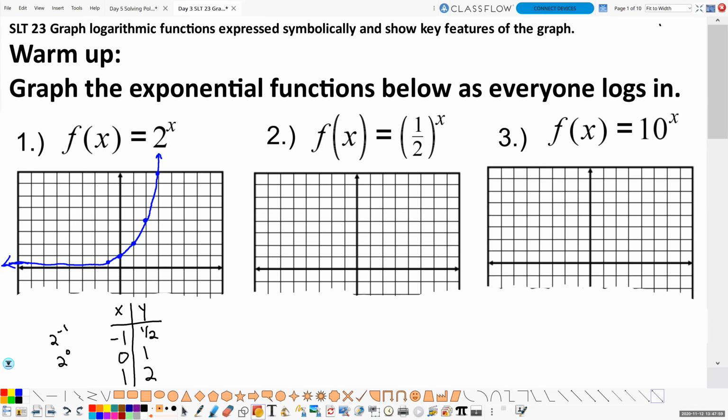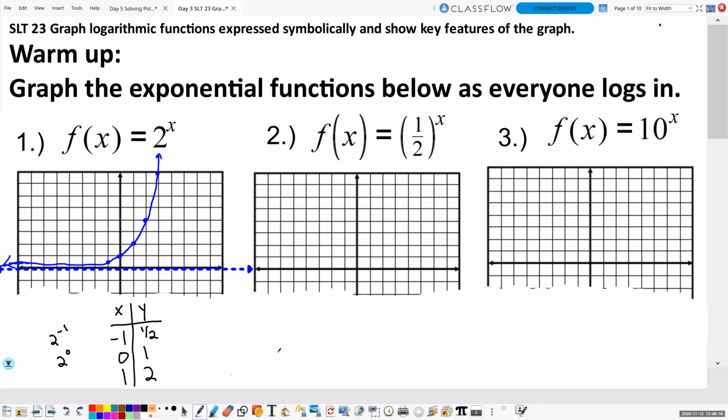So now we're going to do the same thing for 1/2 to the x. We're going to have -1, 0, and 1. Wait, see, this is like a problem because I got so many of you. I do not know if these people are here. Aiden, are you here? You guys are on like many screens. Aiden, if I put -1 in for x, what do I get? For number 2? Yes, sir. You get 2. Bam.